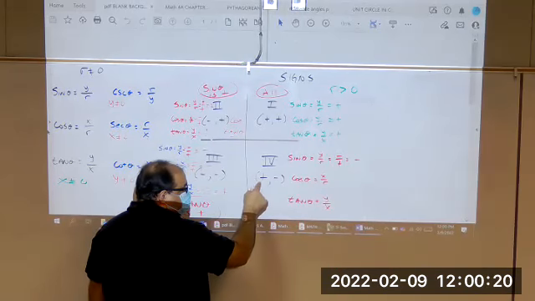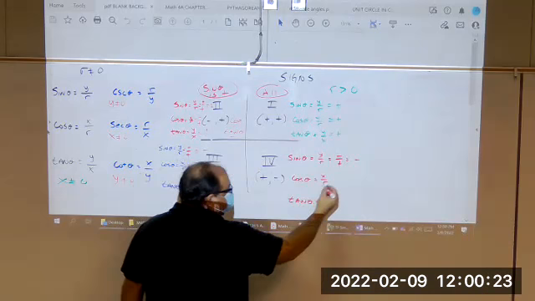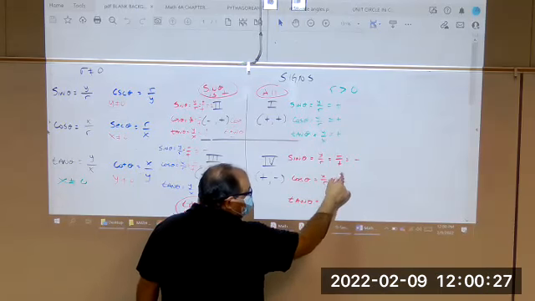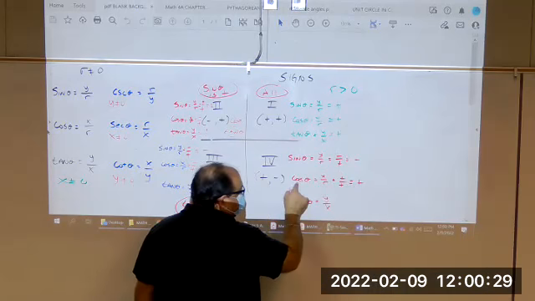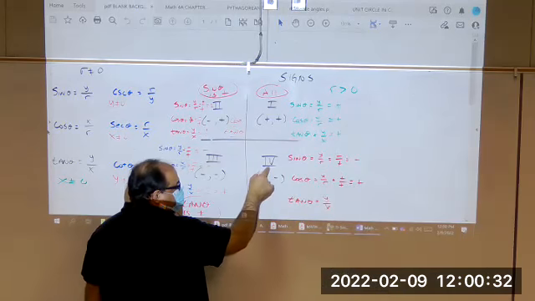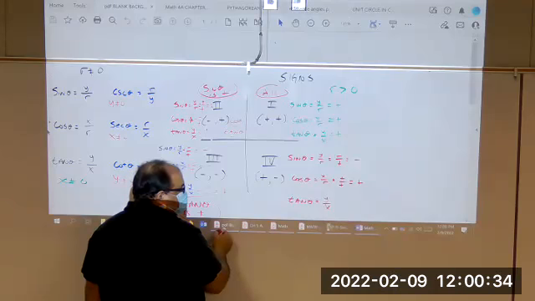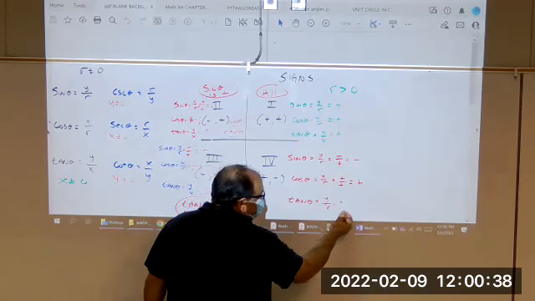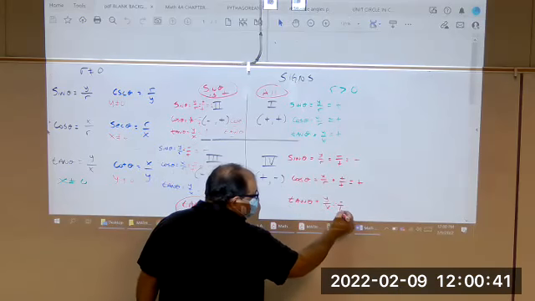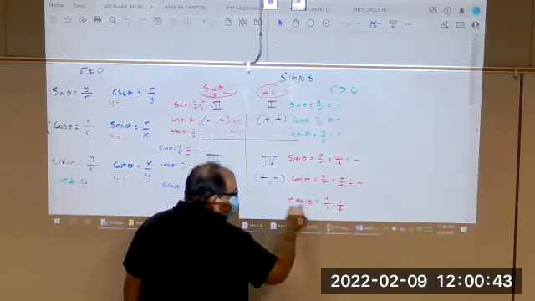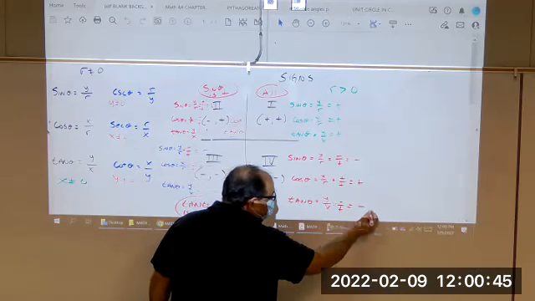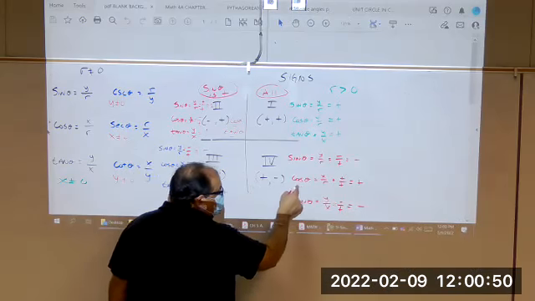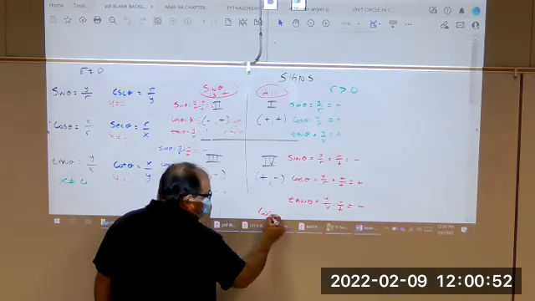Cosine is positive in the fourth quadrant. The radius is always positive, and a positive over positive, that's a positive answer in quadrant 4. Tangent, the y is negative, x is positive, so a negative over a positive in quadrant 4, tangent has to be negative. So in quadrant 4, the only positive trig function is cosine.